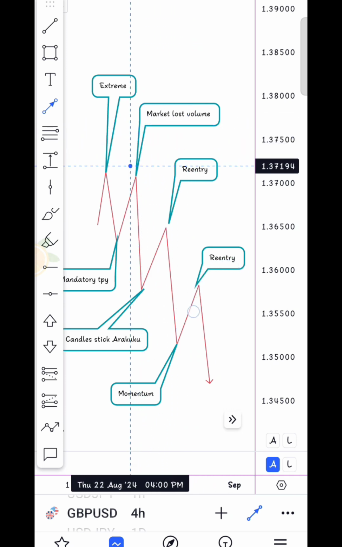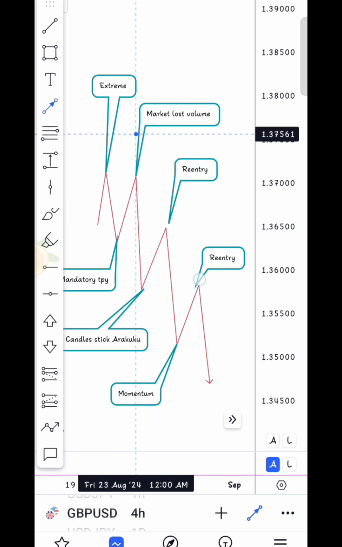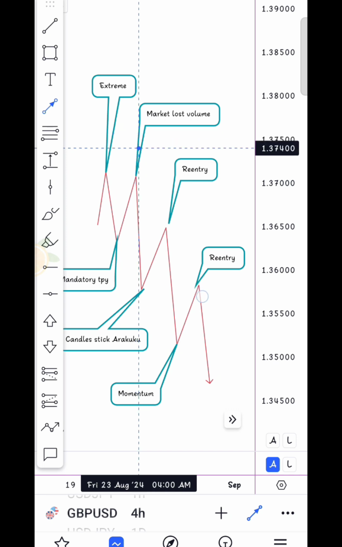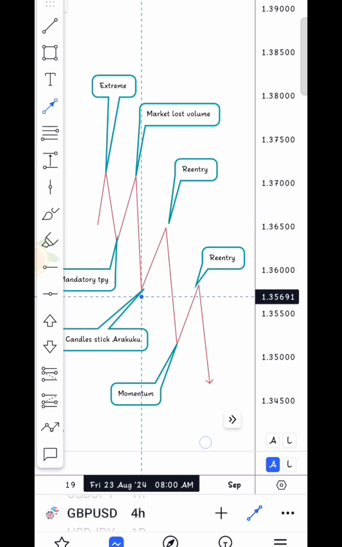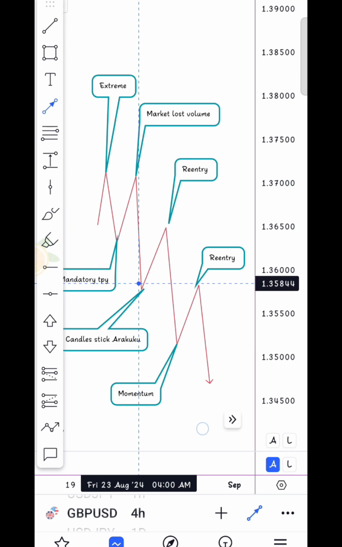Now when market loses volume, or when it loses gas to move up, it will obviously make a fall. That is in case for a sell. And it will make a candlestick direction, CSD.